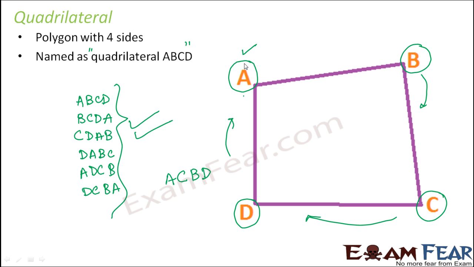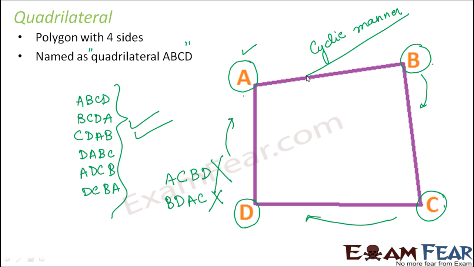After A we have written C, then B, then D. We are not going as per the cyclic sequence. Therefore, this is not the right naming. Similarly, you cannot name it as BDAC, because here also after B you should either write A or C. You directly cannot jump to D. So whenever you are naming a quadrilateral, you have to name it in a cyclic manner, whether you follow clockwise or anti-clockwise.